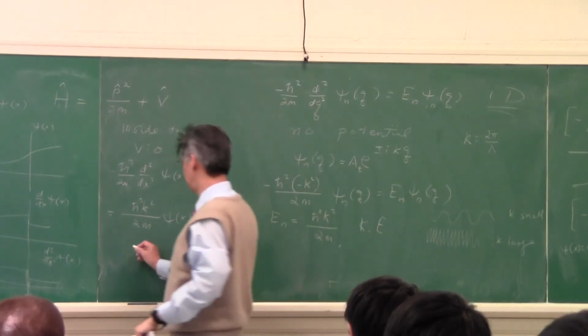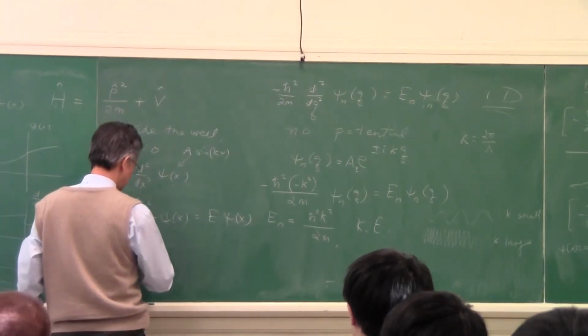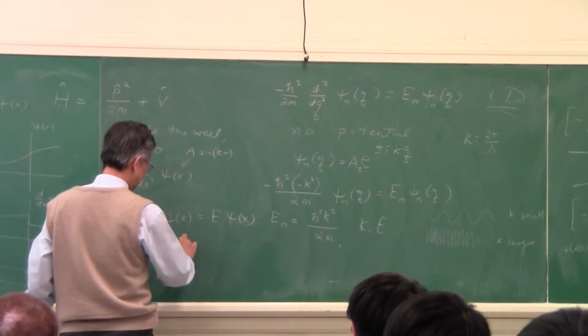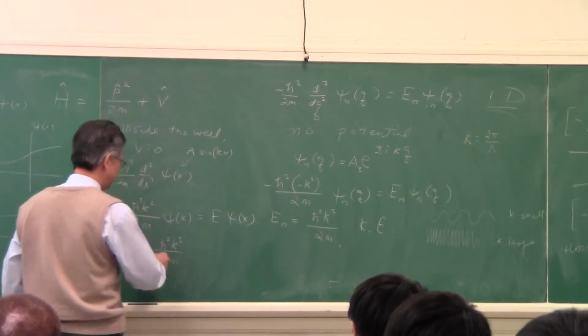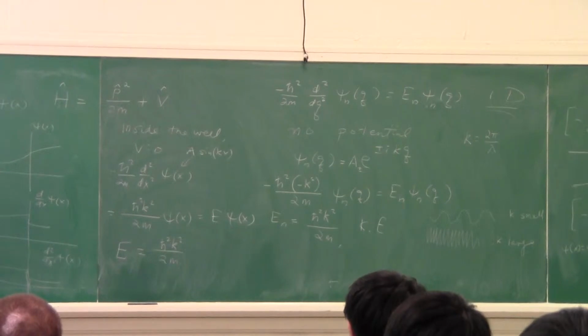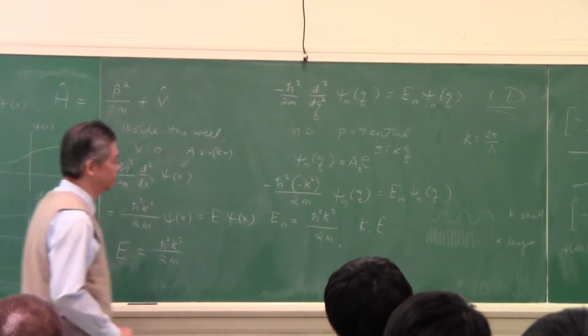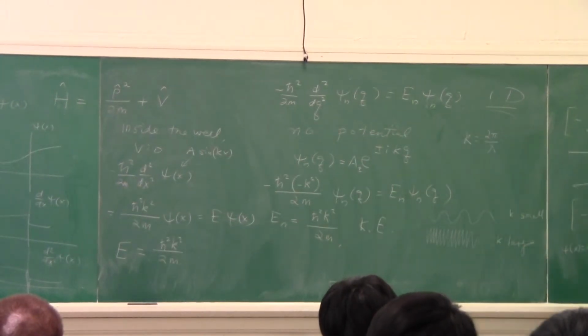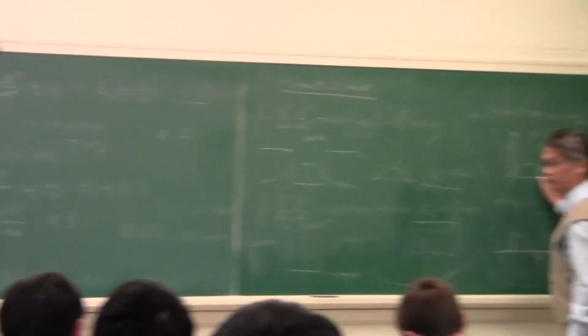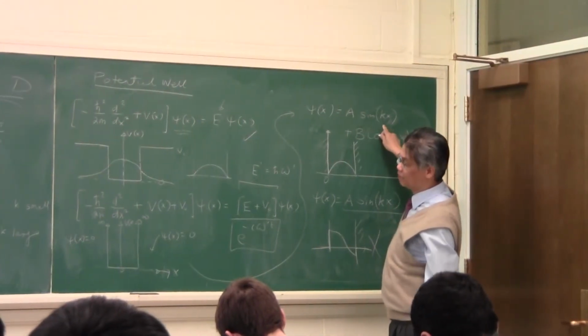And then the energy of the particle is now proportional to that. But we have to pick our k appropriately so as to satisfy the boundary condition here as well as here. K cannot take on any value.